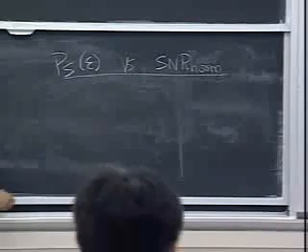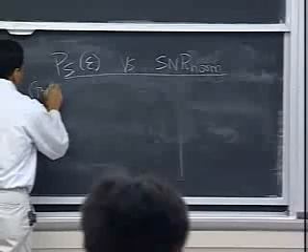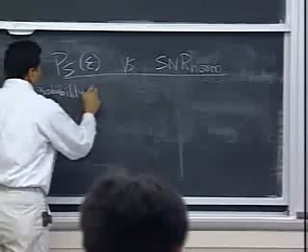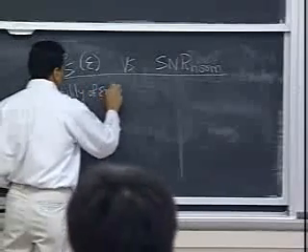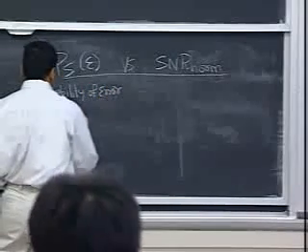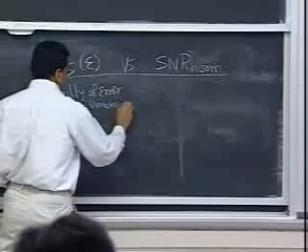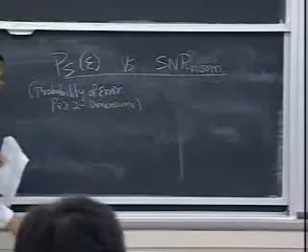Here Ps(E) is the probability of error per 2 dimensions. What is SNR norm?